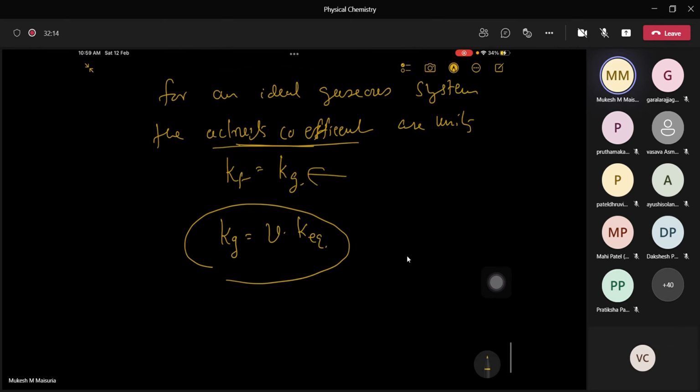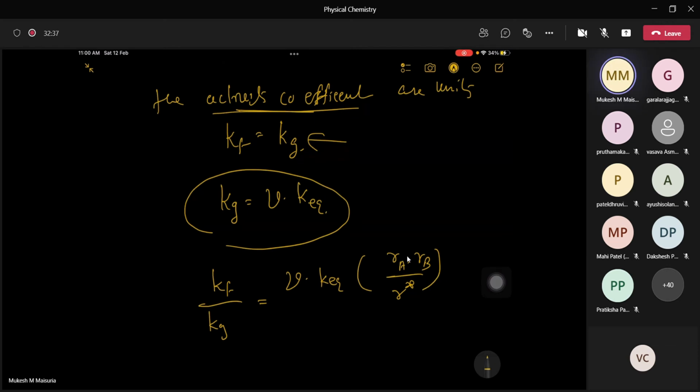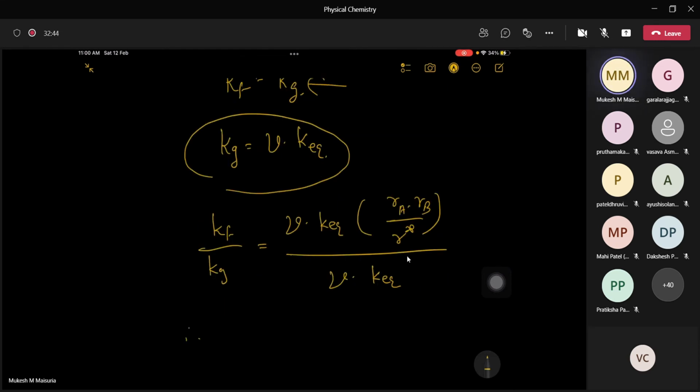If we divide this equation, Kf by Kg, where Kf is equal to nu K equilibrium gamma A, gamma B upon gamma star, and Kg is equal to nu into K equilibrium, we have Kf is equal to Kg into gamma A, gamma B upon gamma star.